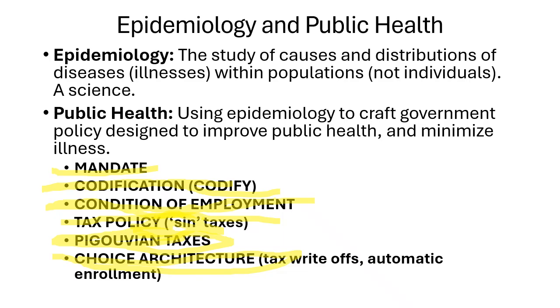So governments don't want to make a mandate that says we're going to force you to get on the treadmill every day. But what they can do is write the tax code so that if you buy a treadmill for your home, you can deduct that from the tax money that you have to pay. And so that's a choice that you make. They're not forcing you to buy a treadmill and use it.